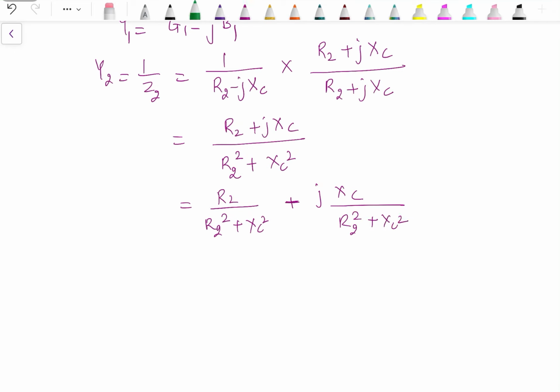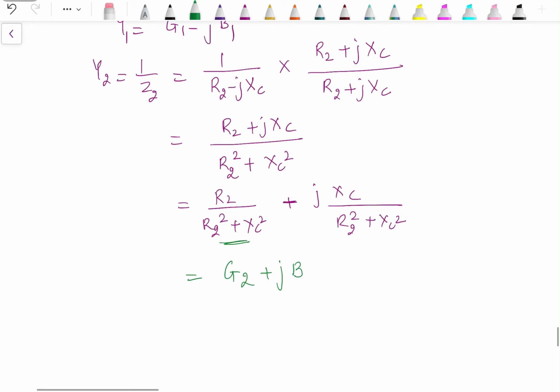So this real part represents the conductance of the second branch, and this XC upon R2 square plus XC square represents the susceptance of the second branch.